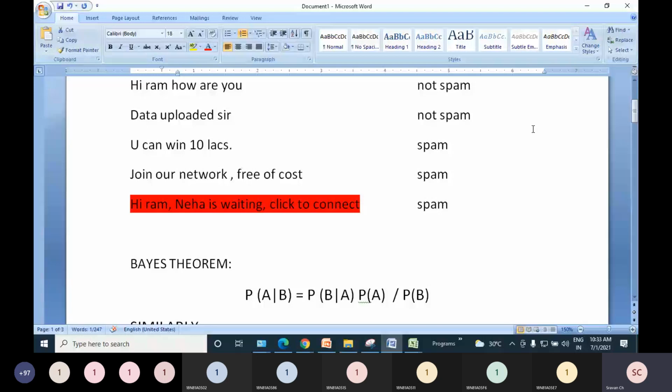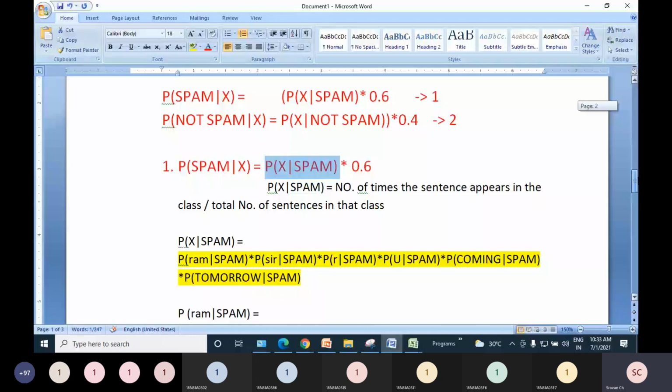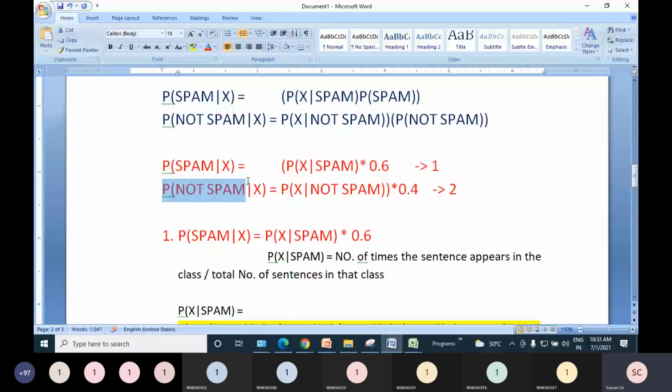So for each and every word, I will look into not spam class and I will find conditional probabilities. This part, not spam by X. X is the same, our new message, Ram sir, are you coming tomorrow? So for not spam also, I will do this calculation. If at all I get some zero probabilities, I will do smoothing there.